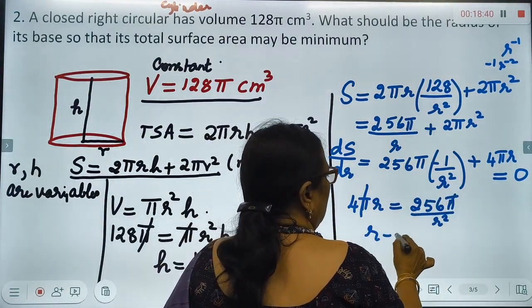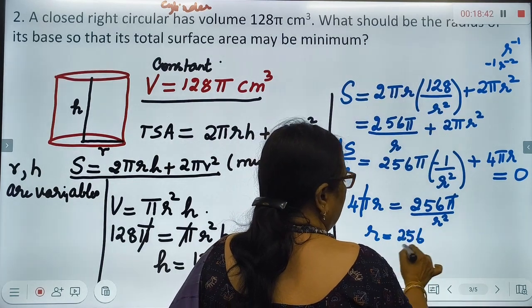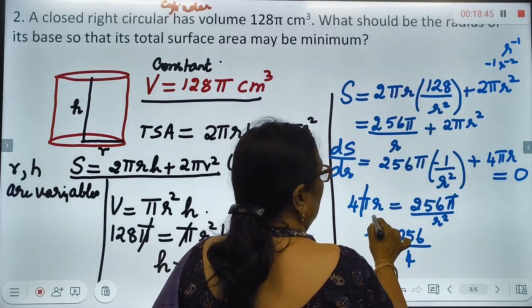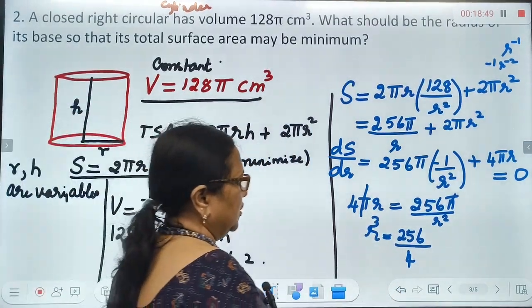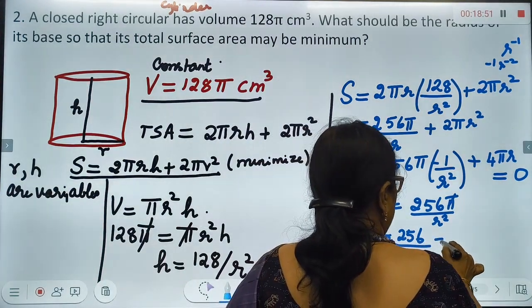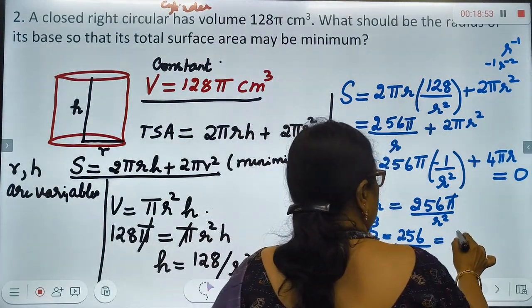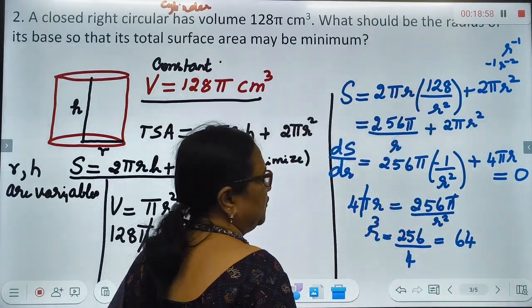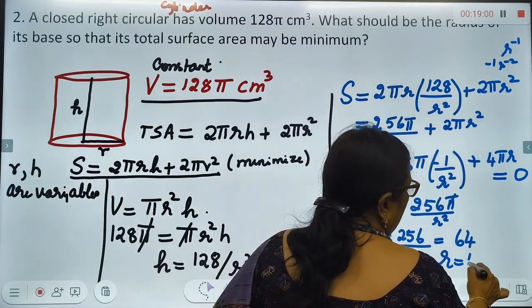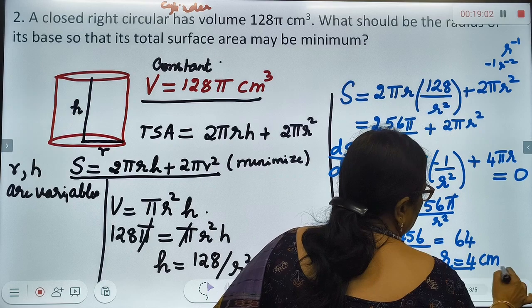So r cube is equal to 256 by 4. This is what? 6 4s are 24 and 4. So r cube is 64, which means r is equal to 4 centimeter.